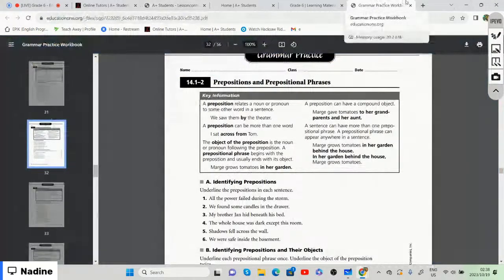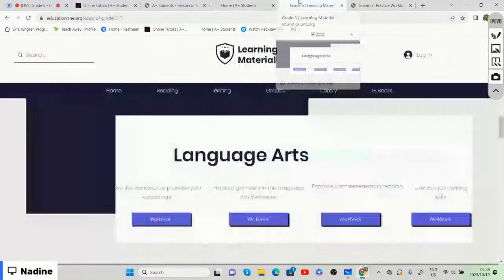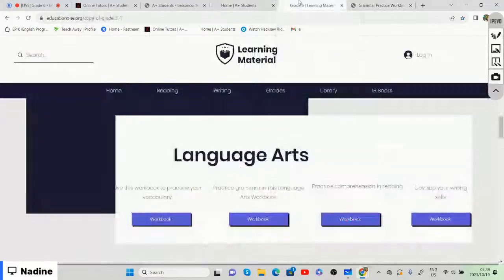A plus classes.ca. So if we are on A plus classes.ca, we're going to learning materials, and then we're going to scroll down until we get to language arts.